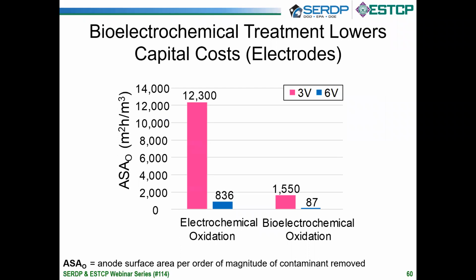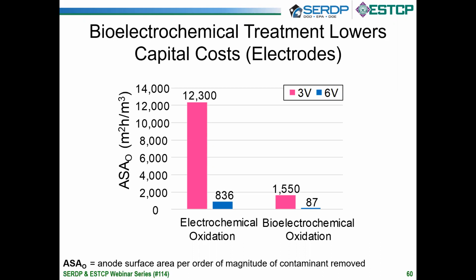So to look at the cost of this process, the major capital cost driver are the electrodes, and really mostly the anodes. You can use cheap cathodes for the process. And this is quantified by the ASAO, or the anode surface area per order of magnitude of contaminant removed, so in this case, 1,4-dioxane. You see that on the y-axis here plotted, and the differences are quite dramatic.